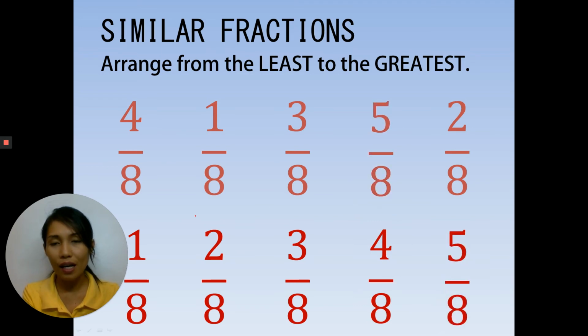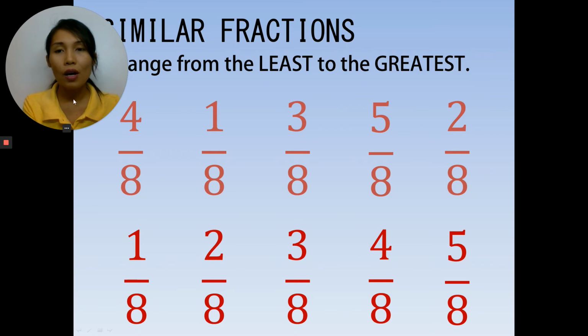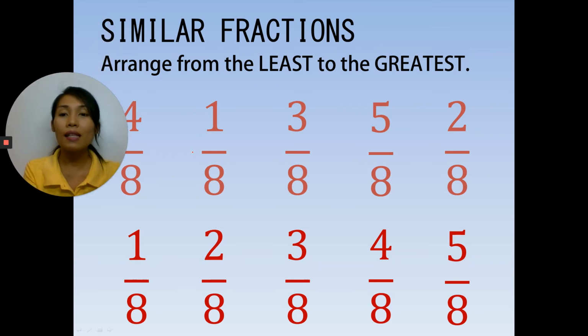5/8. All right, so now we have ordered these similar fractions from the least to the greatest, or we call it ascending order. We started from the smallest or the least fraction, which is 1/8, and ended with the greatest fraction, or the fraction with the biggest value, 5/8.